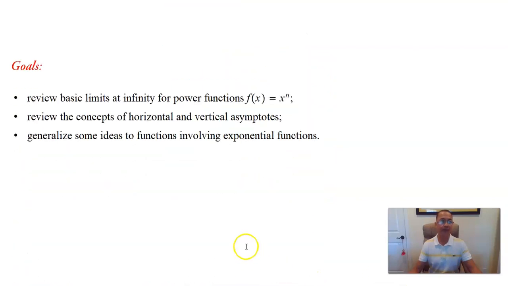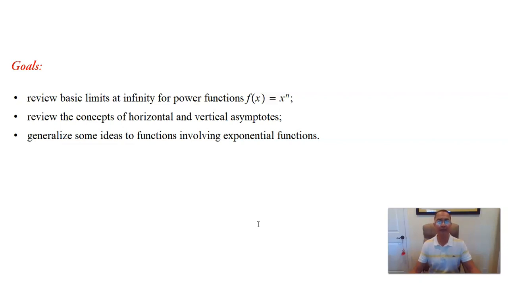So we will start by reviewing the basic concept of a limit at infinity by going back to power functions, x squared, x cubed, and so on, but also for negative exponents. So we'll take a look at 1 over x cubed, 1 over x squared, and so on. Whenever you're dealing with the concept of a limit at infinity, you are asking also about horizontal asymptotes.